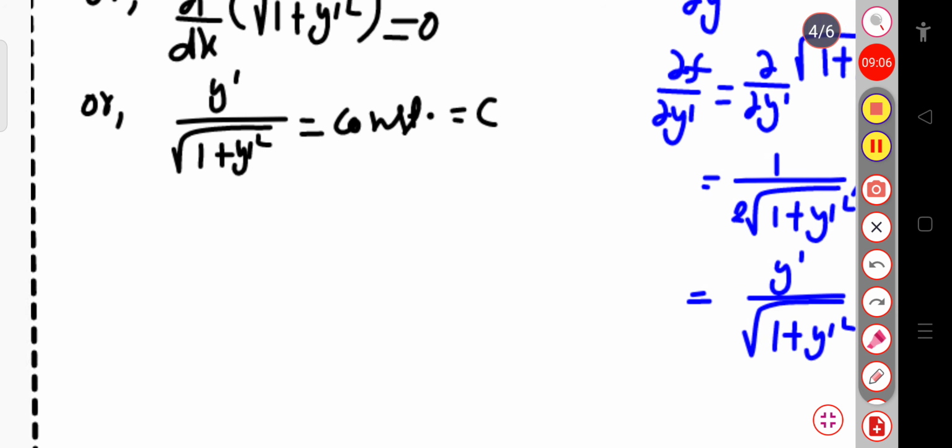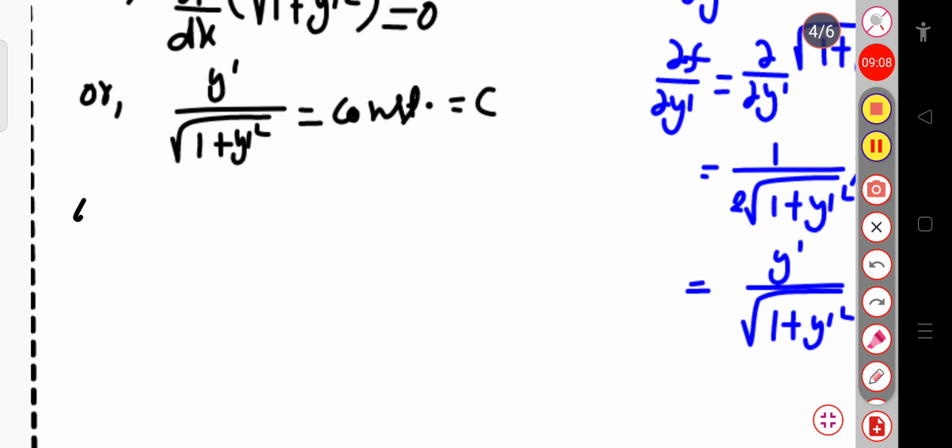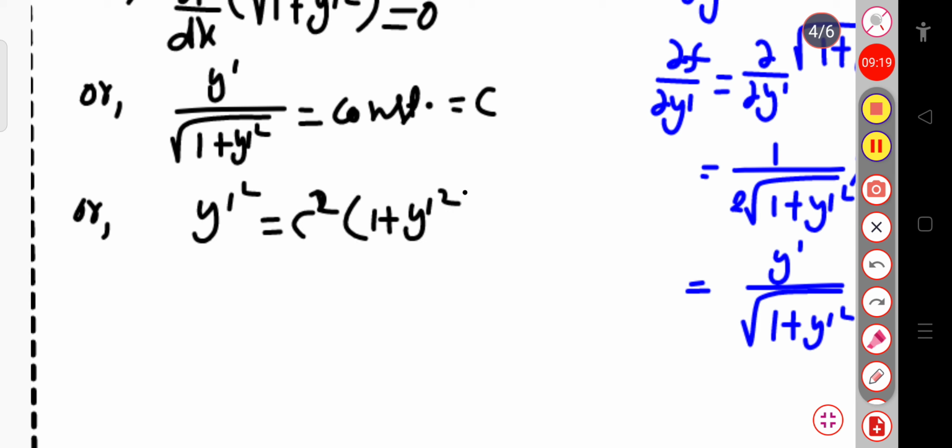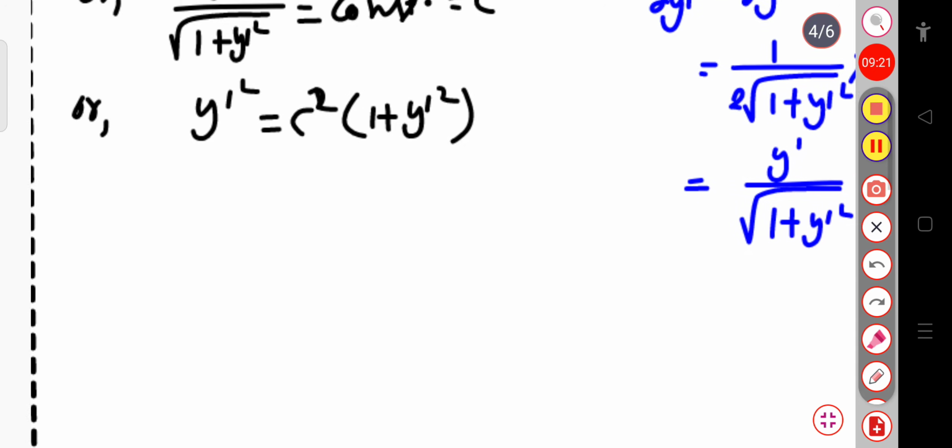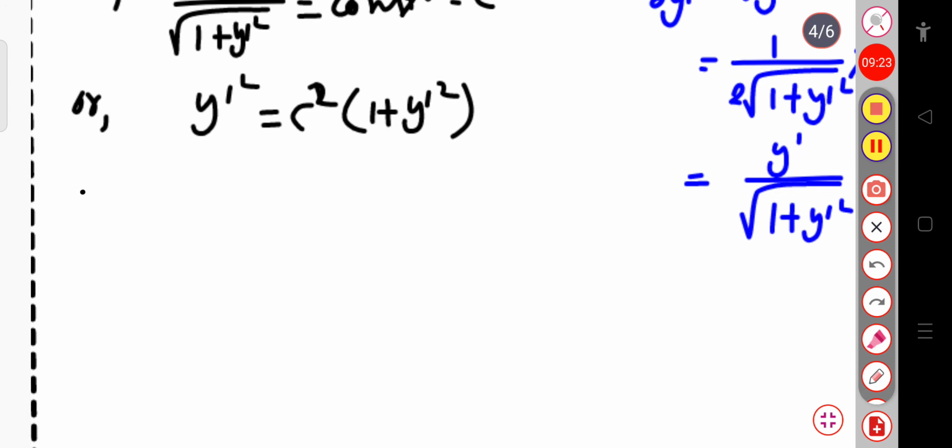Since this term is constant, we can take it as, suppose, c. Now if I solve this equation, we can write y′ square equal to c square whole into 1 plus y′ square. Taking y′ square to the left hand side and taking y′ square common, this will be 1 minus c square, equal to c square.